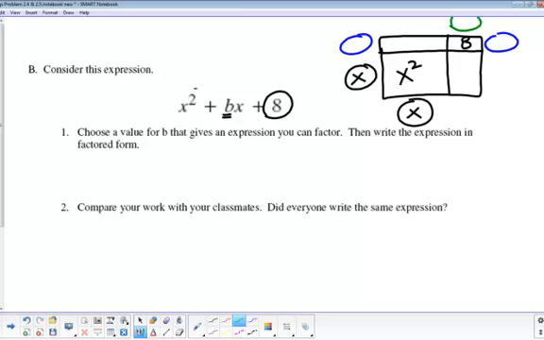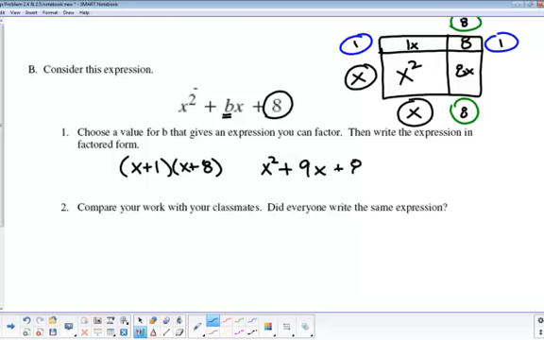This side length is the same as this side length. So one option would be to make this 1 and 8, or 8 and 1, doesn't matter. If that's the case, this would be 8x, and this would be 1x. So we would have x plus 1 times x plus 8, and that would be x squared plus 8x plus 1x, so that's 9x plus 8.